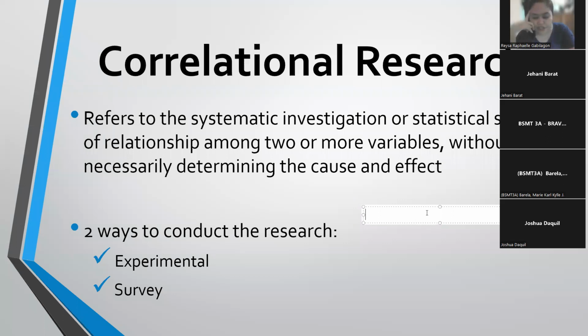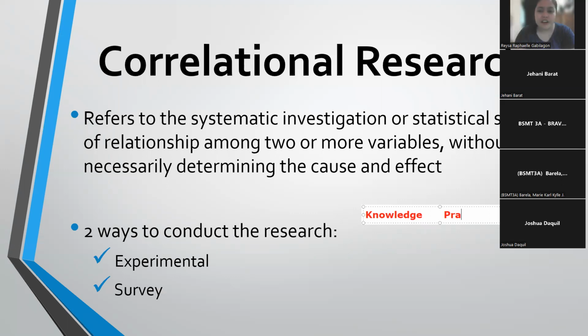So, ano nga yung correlational study last time? Relationship of knowledge and yung practices. Actually, yung knowledge, attitude, and practices sa PPE-related waste disposal, ano ang tawag doon?